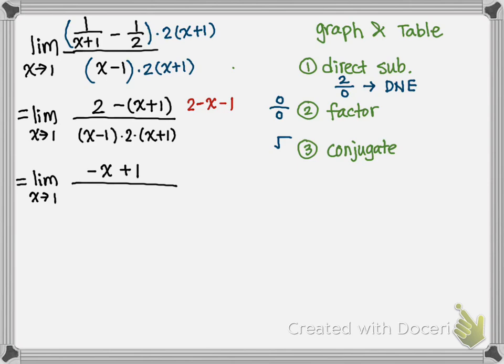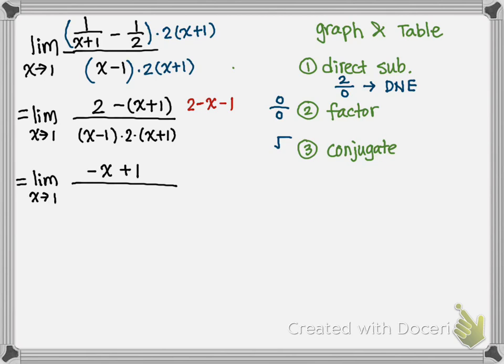Now in the bottom, you do not want to FOIL already because we want to see if we can do any cancellation. But we don't have a factor on the top of x minus 1 or x plus 1, but we do have a factor of minus x plus 1.